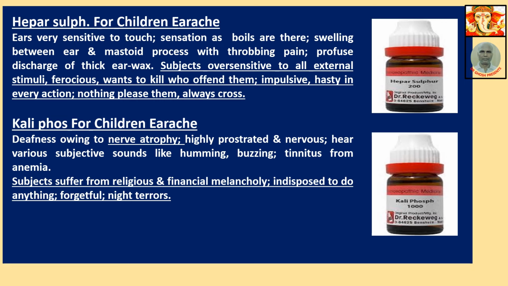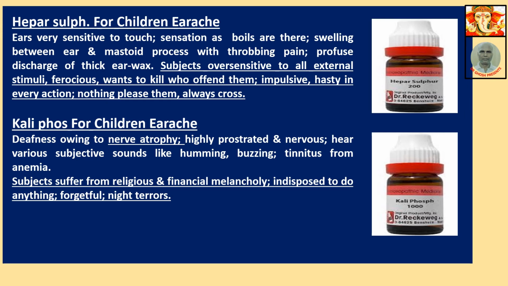General symptoms. Kali phos for children's earache. Deafness of old people. Deafness owing to nerve atrophy. Mind, this is nerve atrophy, but externally you cannot know whether it is nerve atrophy or inflammation. So you have to go by the symptoms. Highly prostrated and nervous. Various subjective sounds like humming, buzzing. Tinnitus from anemia.